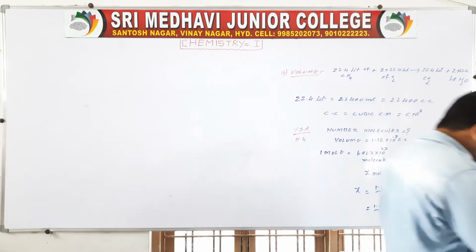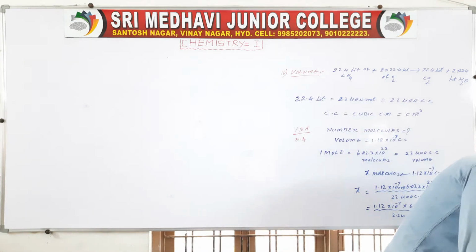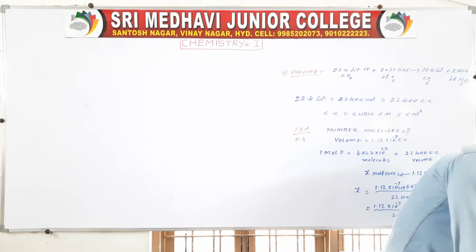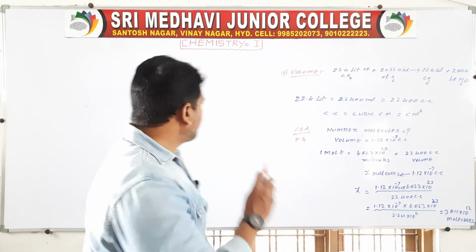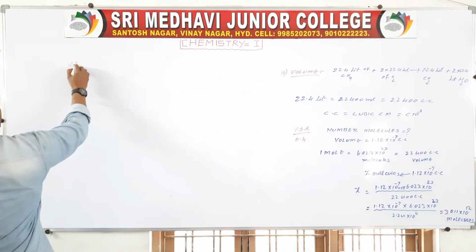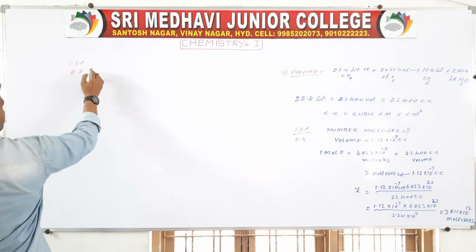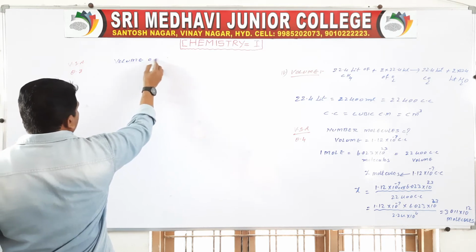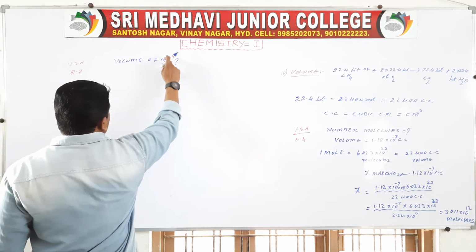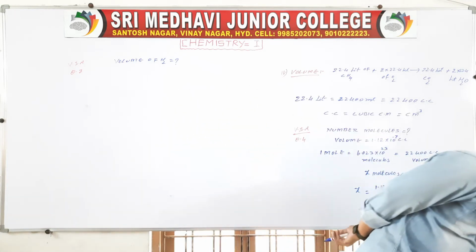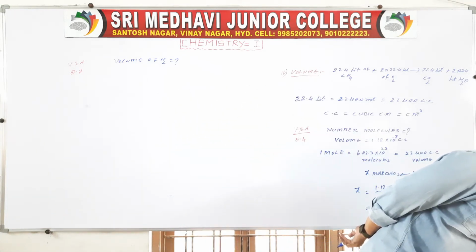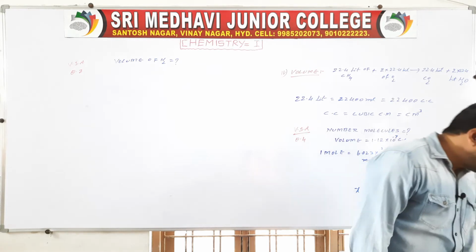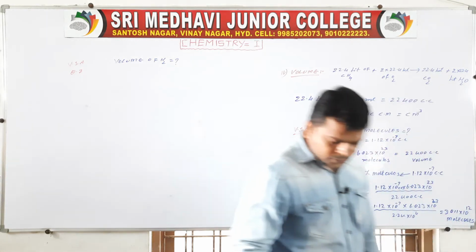Okay, one more very short answer. Seventh one, question number 7: what volume of H2 at STP is required to reduce 0.795 grams of CuO?